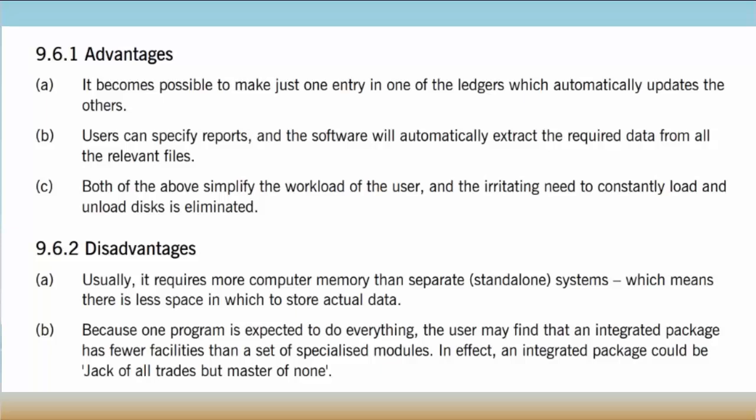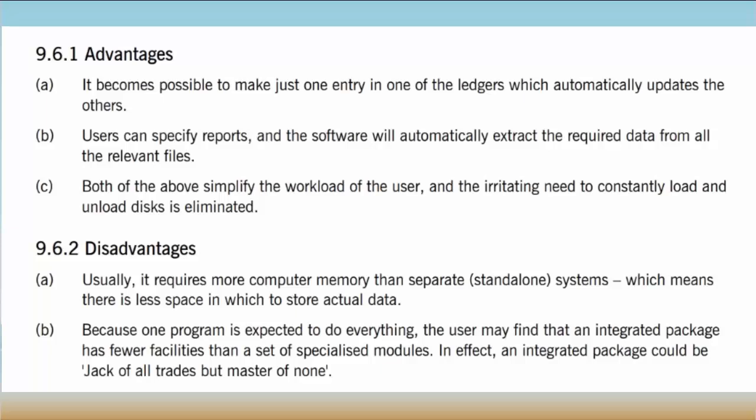With integrated software, you only enter the transaction once. For example, raising a sales invoice in the receivables module, and the system automatically updates all other relevant ledgers. This eliminates repetitive work, reduces errors, and speeds up processing dramatically.